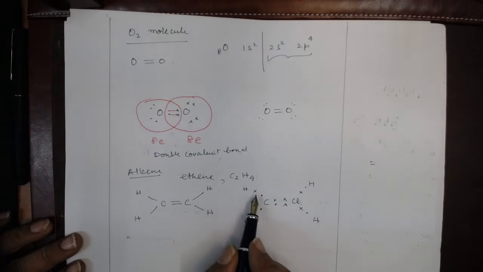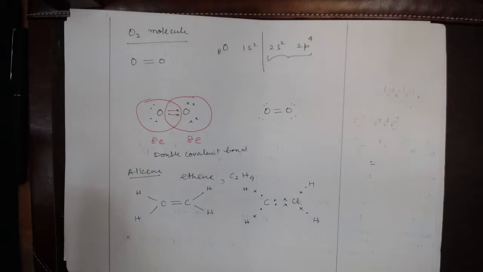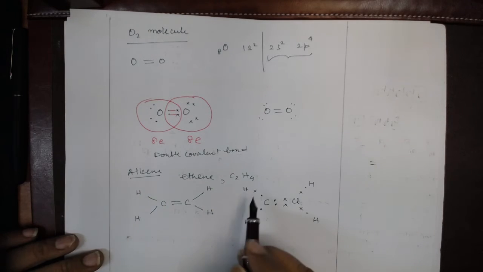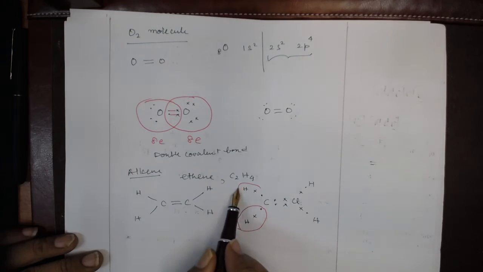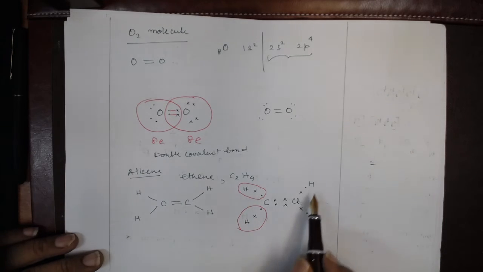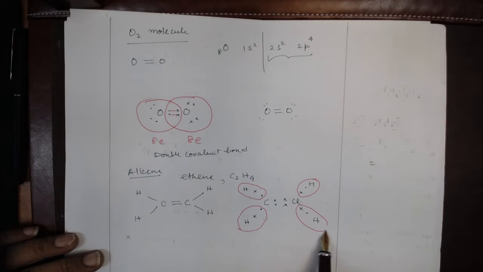Okay, you can link this. Now as far as hydrogen is concerned, you have 2. 2 is also stable. For this hydrogen it is stable with 2, and this one is stable with 2.